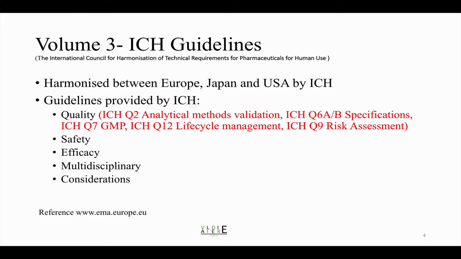In Volume 3, there are a lot of guidelines from the ICH. These are harmonized between Europe, Japan, and the US, and are therefore used worldwide. The guidelines provided by them can be seen in this list, and these are really what you should get used to using in whatever discipline you are working with in validation. All of these listed here are relevant for cleaning validation.